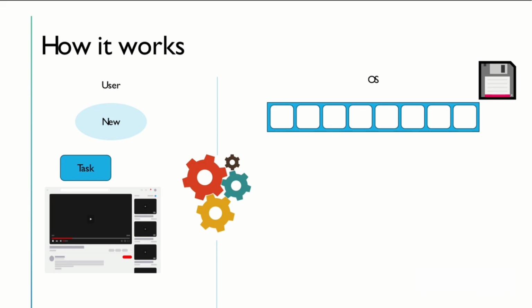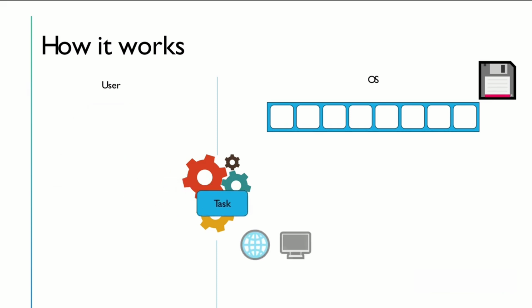The process manager is going to admit that task and put it in a queue. While it's in a queue, it's at a ready state, ready with all of the permissions. But it has not entered the operating system, it's not in the RAM yet, and the CPU has not started processing it yet. So it's only at a ready state.